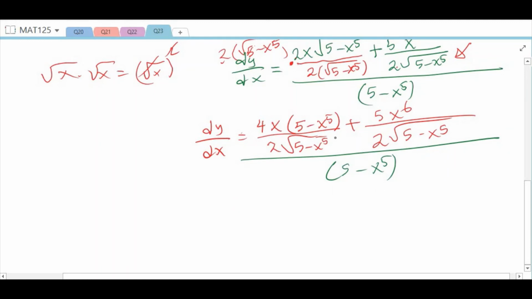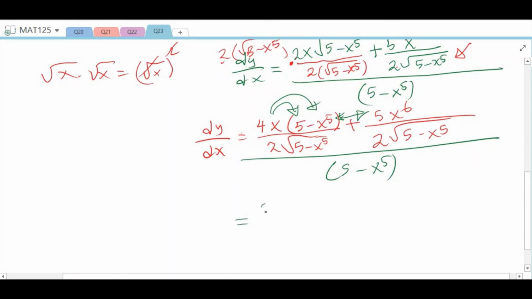Now, since I have the same denominator in the numerator, I can add the numerators. Before I do that, I'm going to distribute the 4x inside, in case there are any like terms that I can add later.